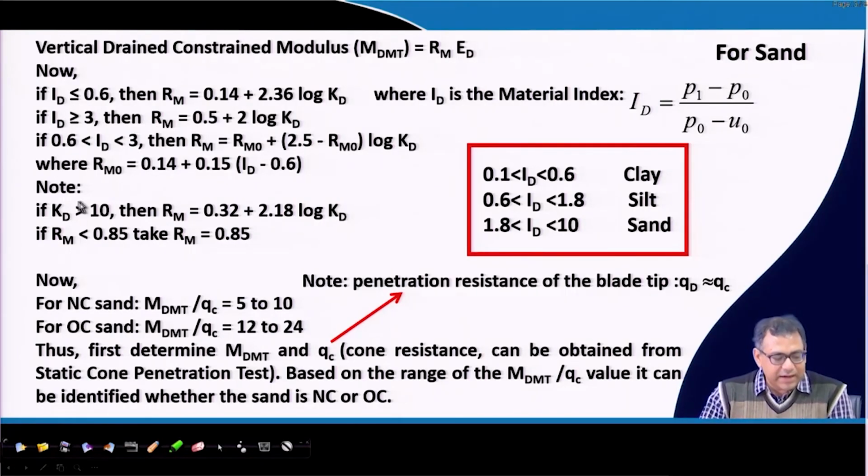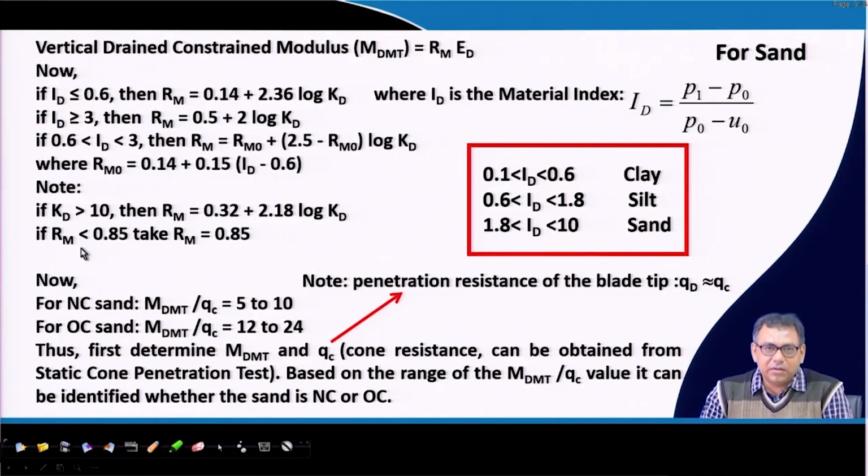So initially you check what your KD value is. If your KD is greater than 10, directly use this RM expression. If your KD is less than 10, then based on the different ID values you calculate the RM. Clear?